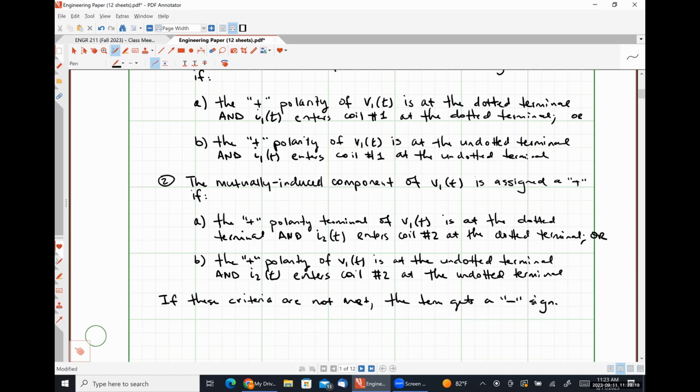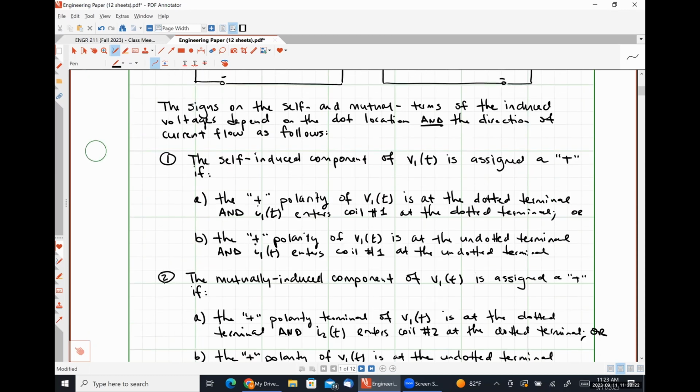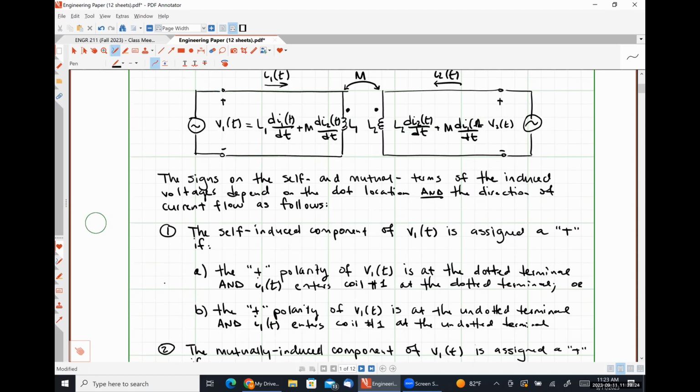For the induced voltage on coil 2, the exact same rules apply as for coil 1, right? So if we want a positive sign, well, is V2 at the dotted terminal of L2? Yes. And the current I2 is flowing into the dotted terminal, so that's why we have a positive sign here.